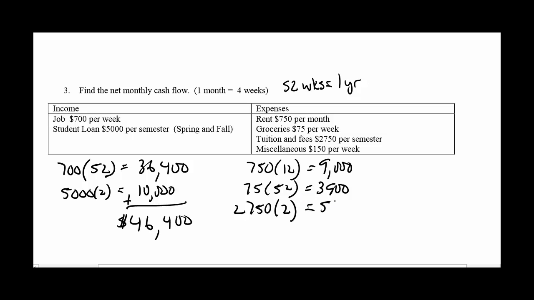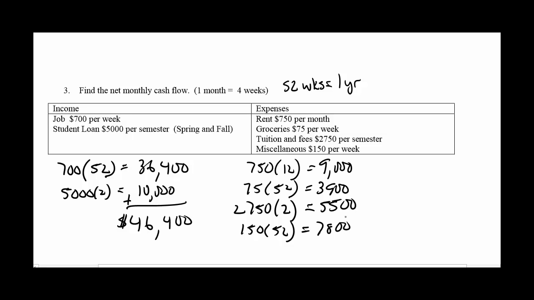And that would be 5,500. And then miscellaneous per week would be 150 times 52. So that's 7,800.